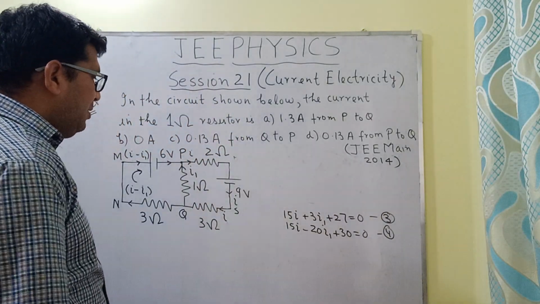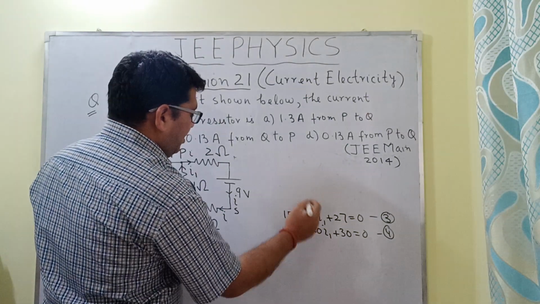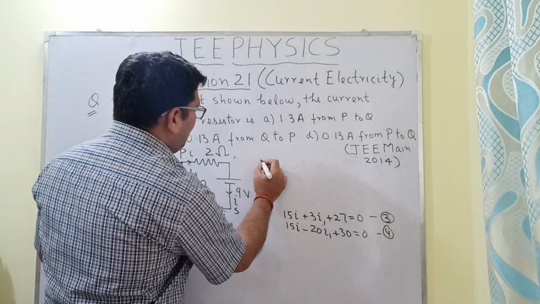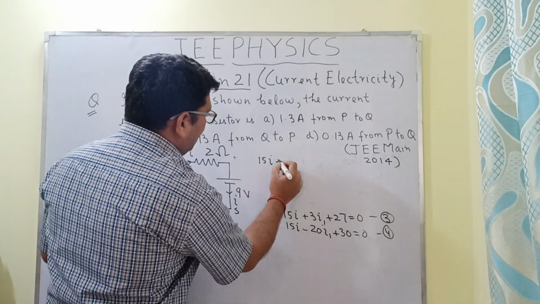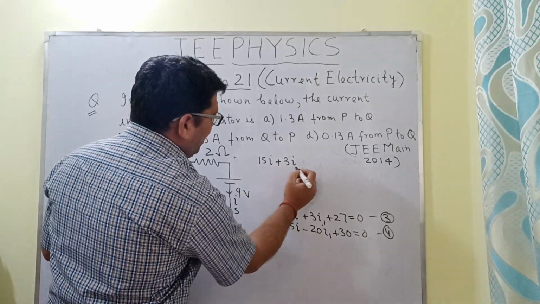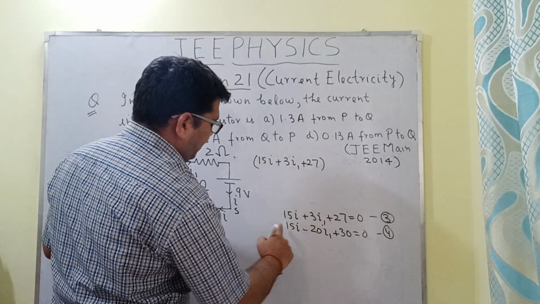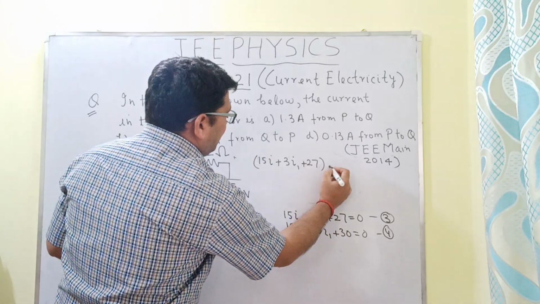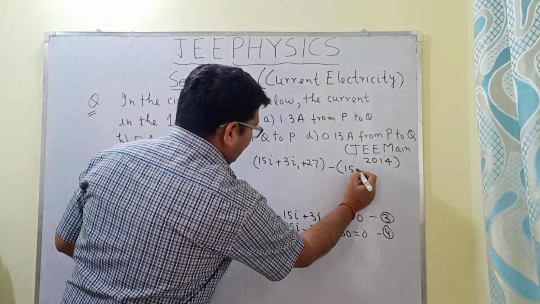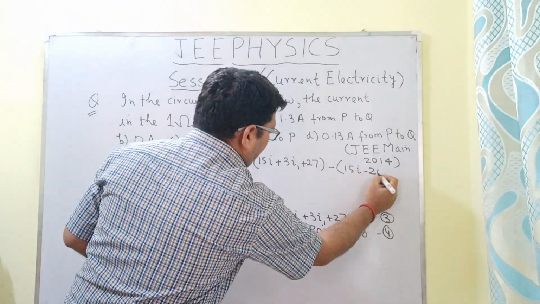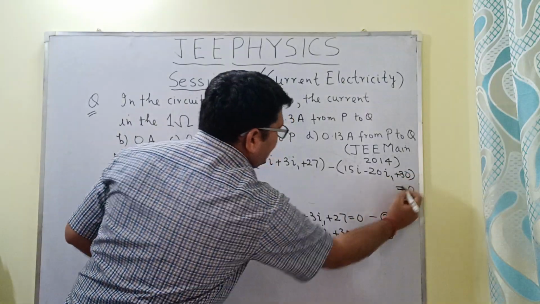So now I have got these two equations, so we can write these two equations as 15I plus 3I1 plus 27 equal to 0, minus 15I minus 20I1 plus 30, equal to 0.